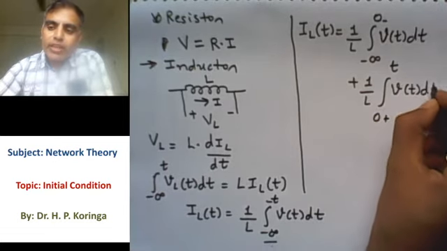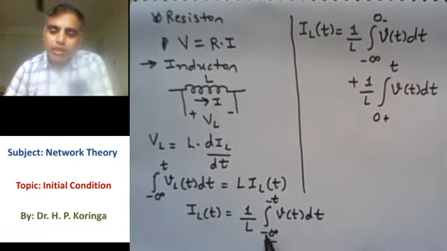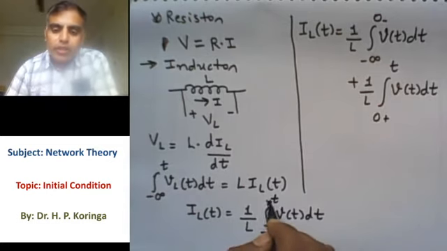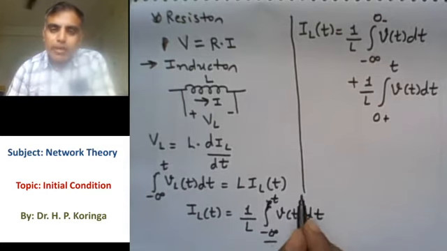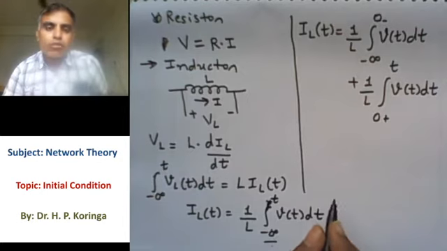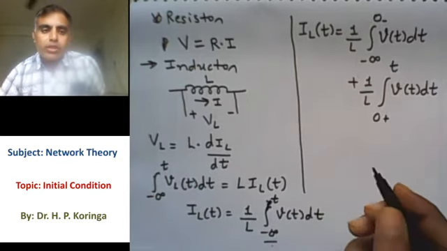So I have divided the integration limit, minus infinity to t, into two parts: minus infinity to 0, and 0 to t. Now what are 0 plus and 0 minus?